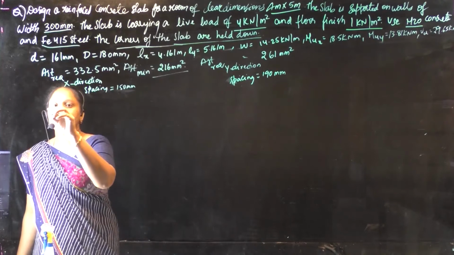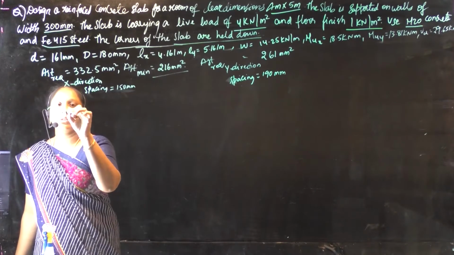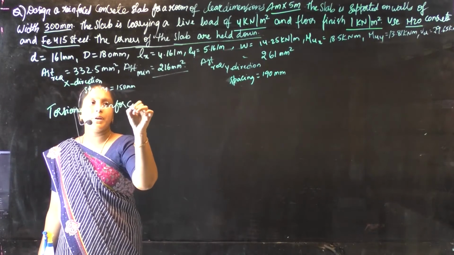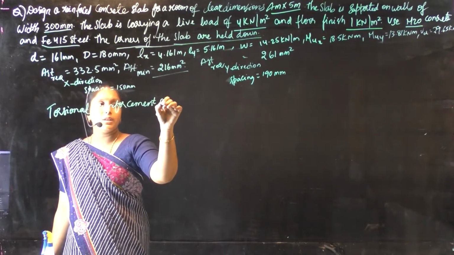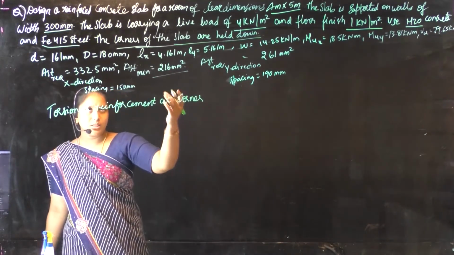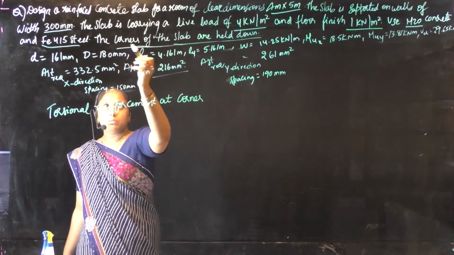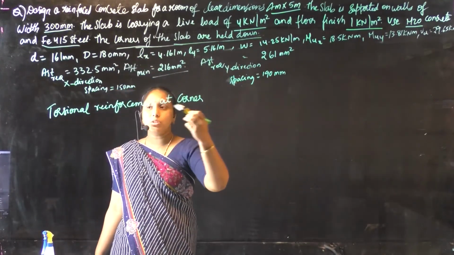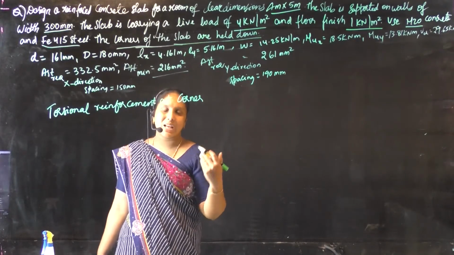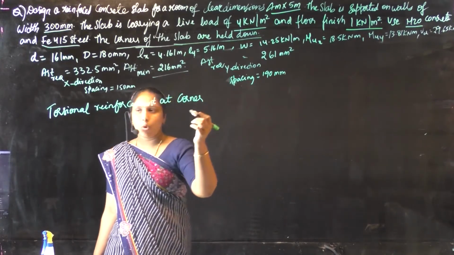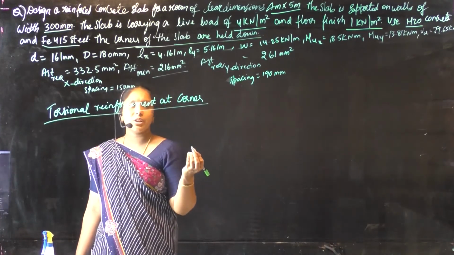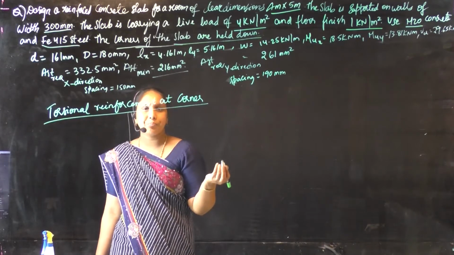The next step is to find out the torsional reinforcement at the corners of the slab. As the corners of the slab are held down, the additional torsional reinforcement has to be provided at the corners, at the top as well as at the bottom. Now let us find out the torsional reinforcement which has to be provided at the corners.